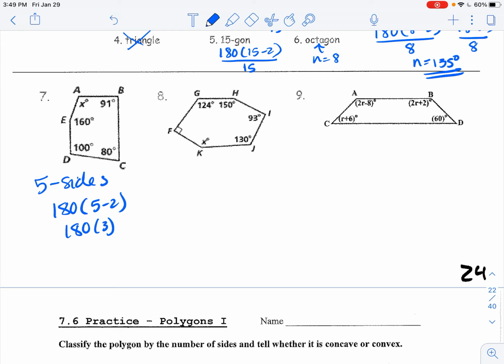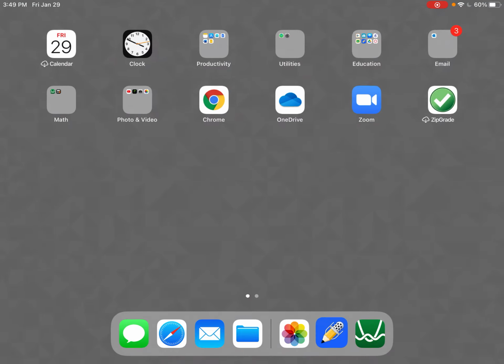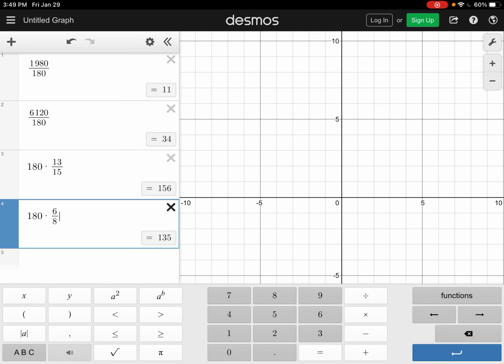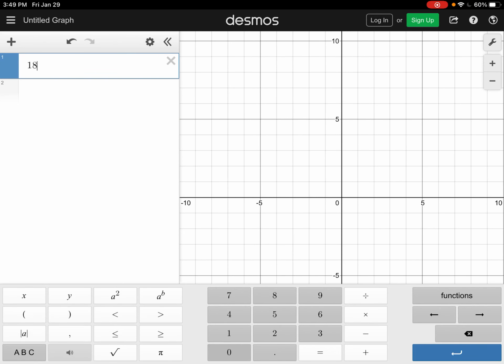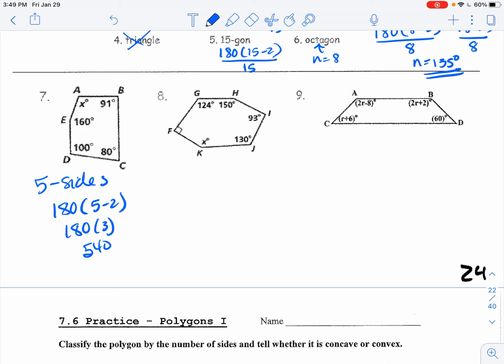So what's 180 times 3? 180 times 3, I believe, is 540. Let me just double check. Yep, 540. So I know that the sum of all these angles, if I added them all up, would be 540. What I need to do now is just go ahead and add up each of these. X plus 91 plus 160 plus 100 plus 80 is equal to 540.